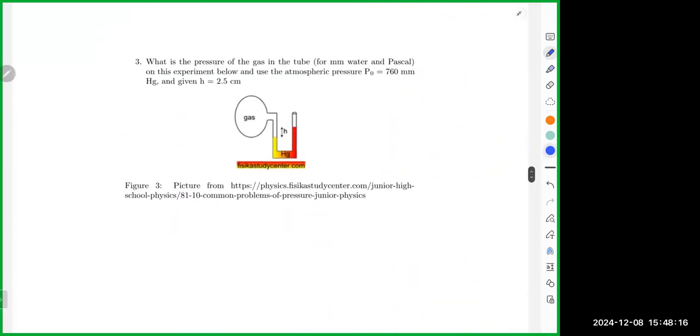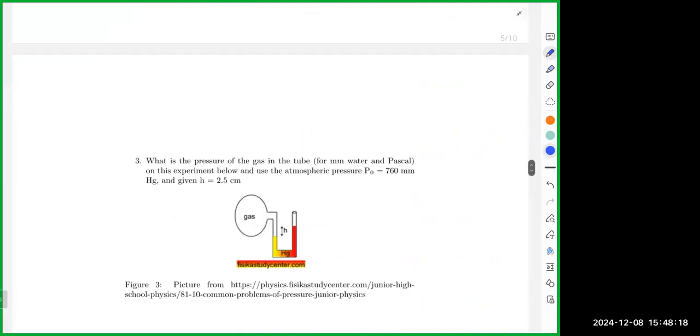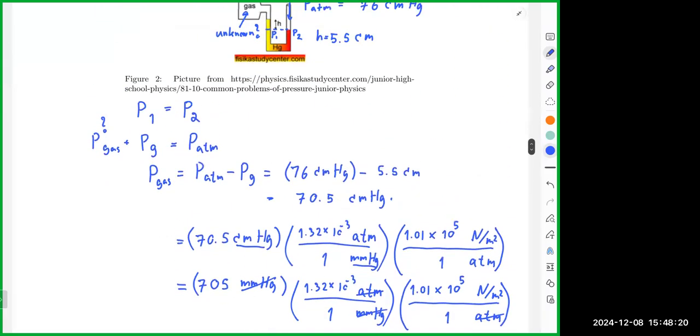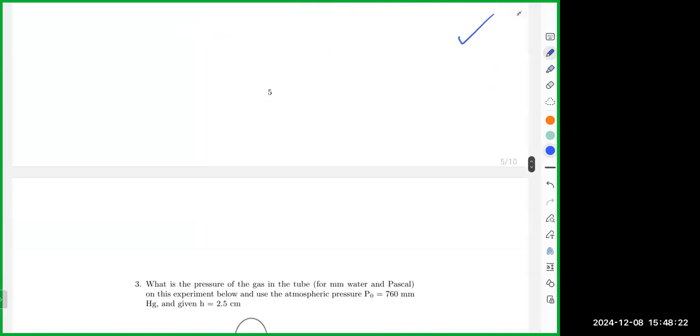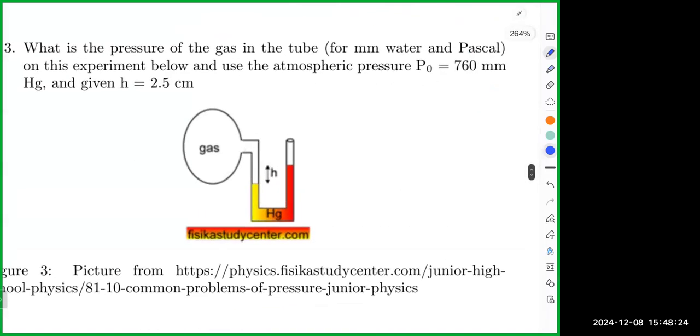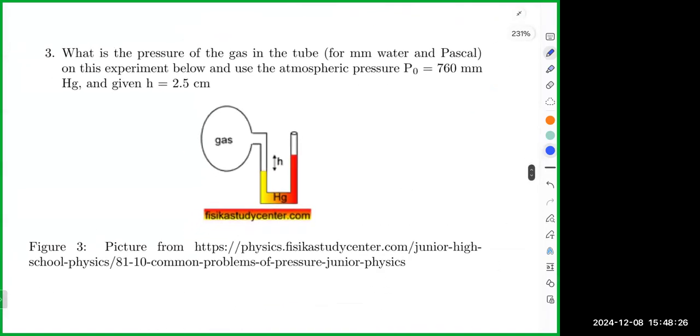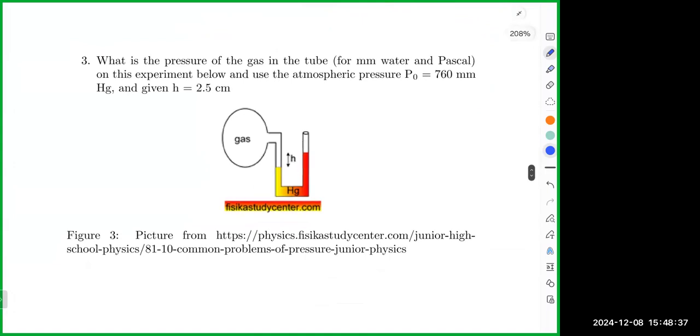So right here is almost the same thing as this one. But when the gas is connected, the height of the mercury on the side of the gas is lower than the other. So you just flip, like here.